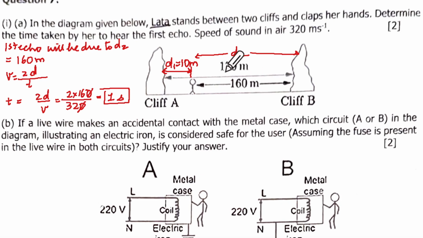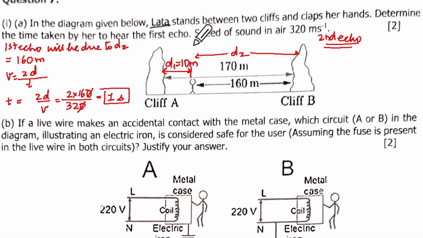But supposing they had to ask you, when will the second echo be? Now they are not asking for the second echo. Do you know when the second echo will be heard? What will be the distance for the second echo? It will be 160 plus 170 plus 10.